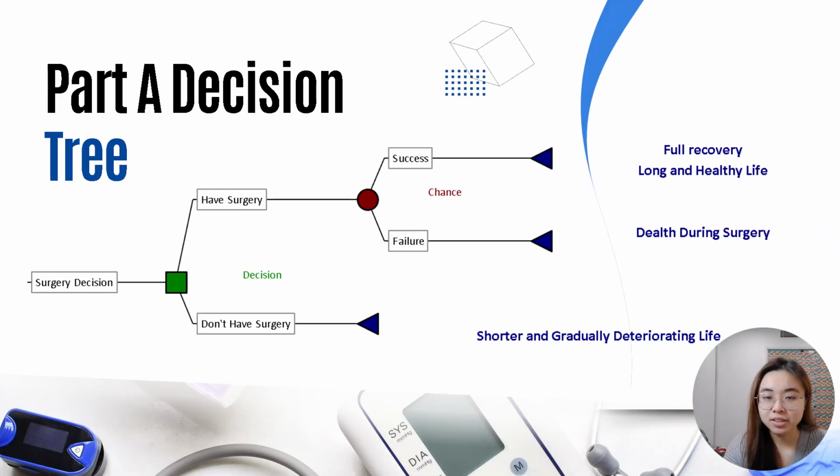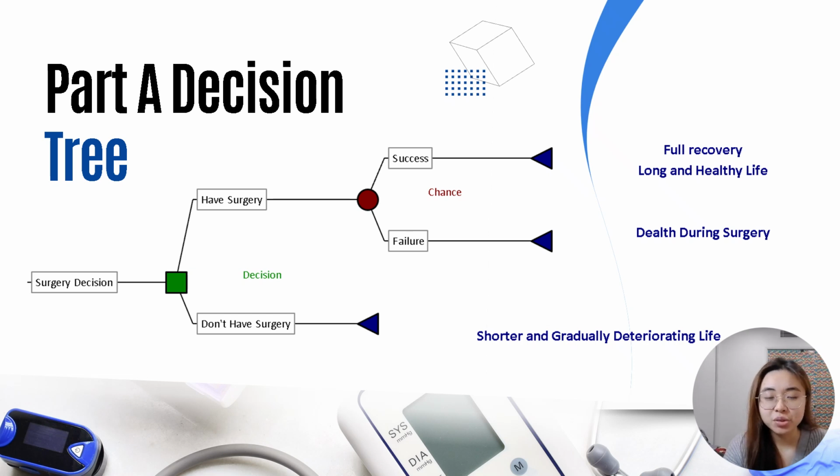By looking at the decision tree, it begins with a decision node, which splits into two paths, one for choosing surgery, another one for choosing not to have surgery. If the patient chooses to have surgery, there is uncertainty about the outcome.